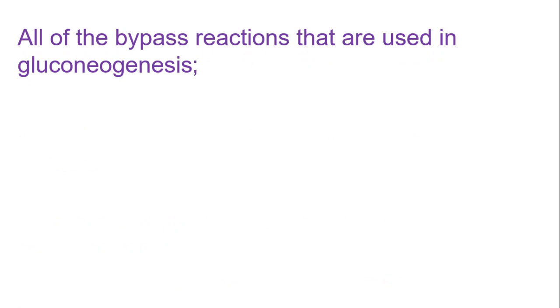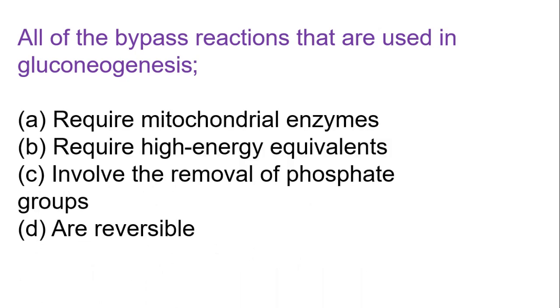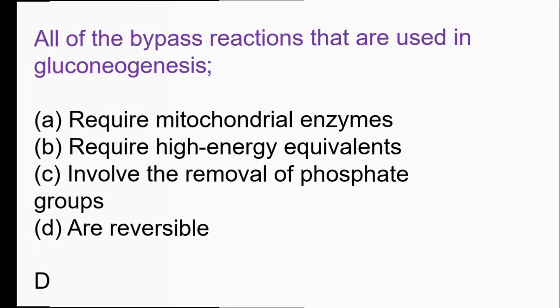All of the bypass reactions that are used in gluconeogenesis: A, require mitochondrial enzyme; B, require high energy equivalent; C, involve the removal of the phosphate group; D, they are reversible.